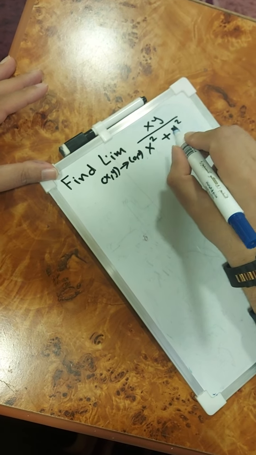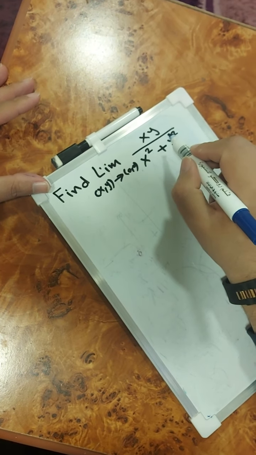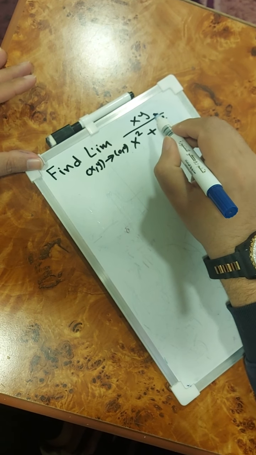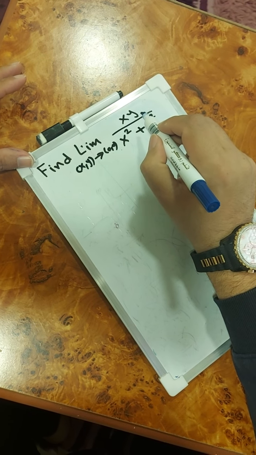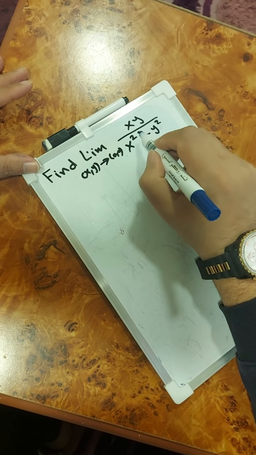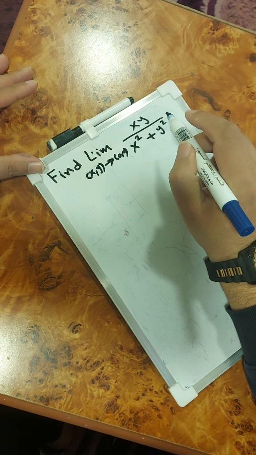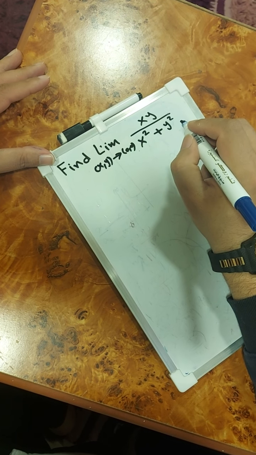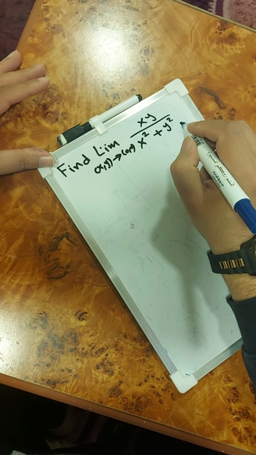To discuss this, as we can see, this limit is a limit in two variables, the function f of x y in two variables x, x multiply y over x square plus y square. So we need to use the techniques of evaluating limits in two variables.